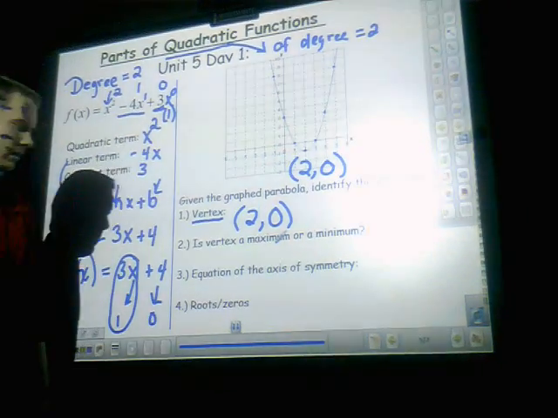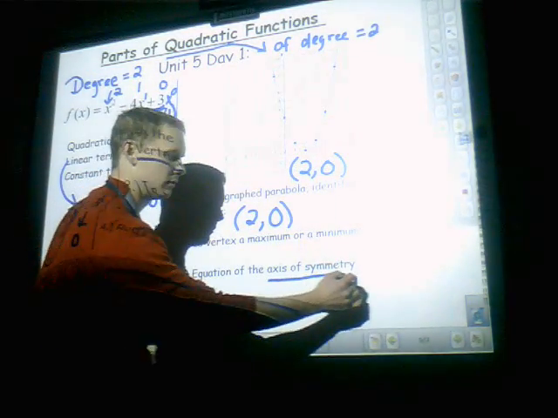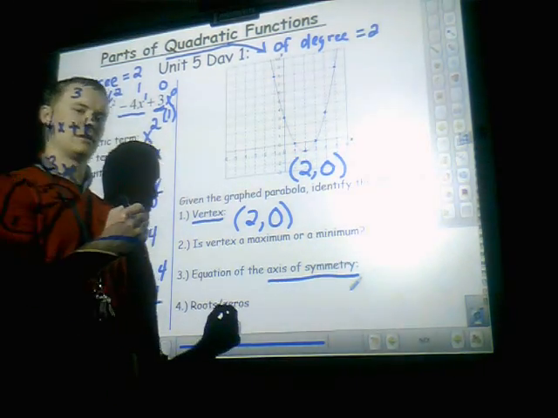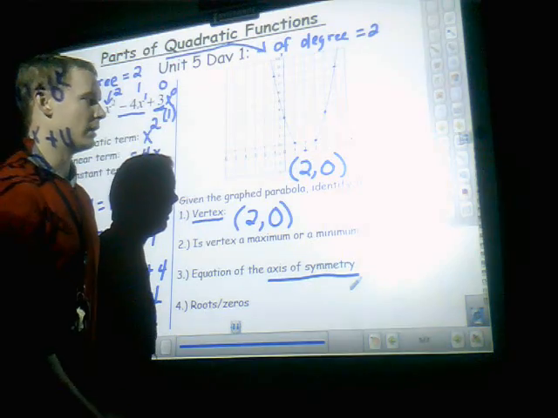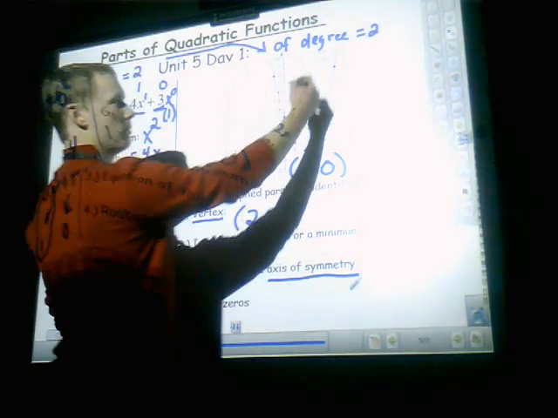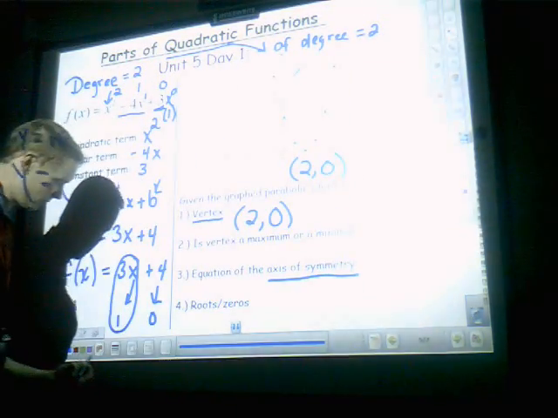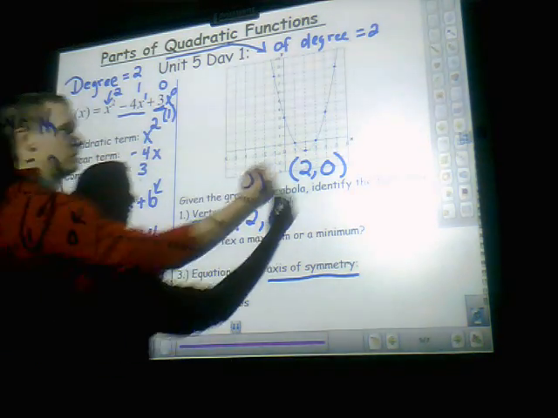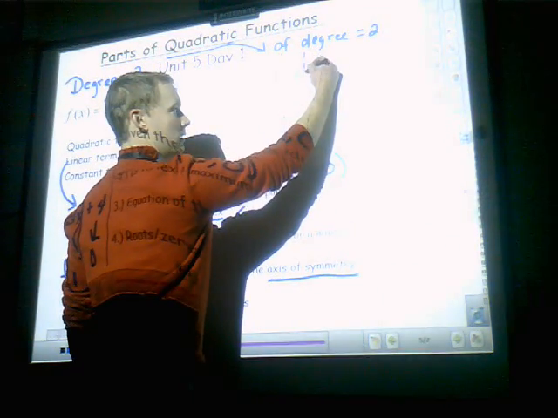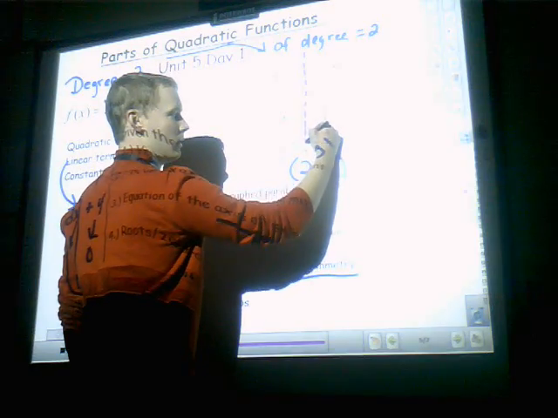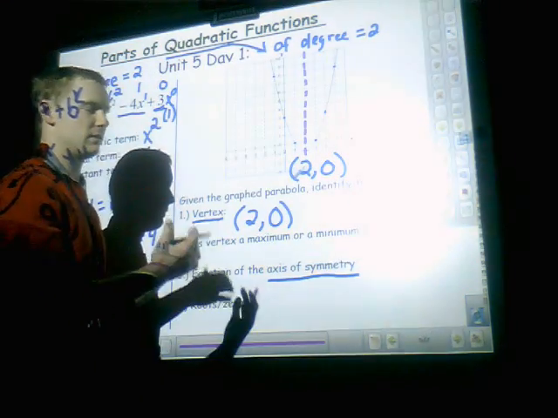Now remember another thing, and that jumps down here to axis of symmetry. The vertex is defined as the point being on the axis of symmetry. Remember that axis of symmetry? Maybe I'll grab a different color here. That axis of symmetry is the vertical line that divides your parabola exactly in half.